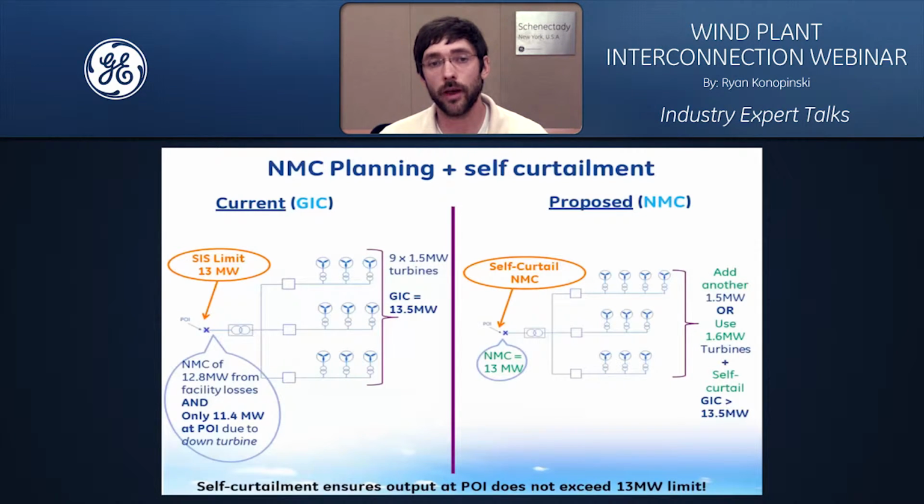The group installed capacity is, again, just the gross rating of the facility. And the system impact study in this instance has defined a particular interconnection limit, so basically the net contribution at this particular interconnection location that does not exceed or violate any reliability concerns of the power system.